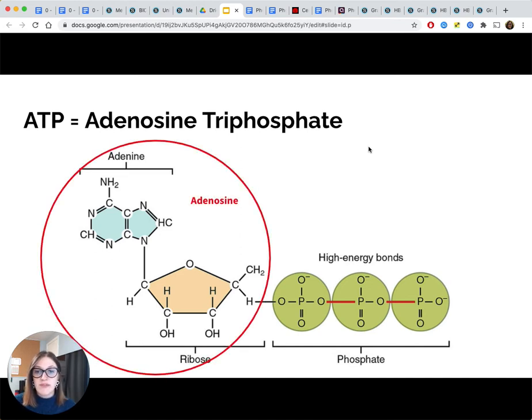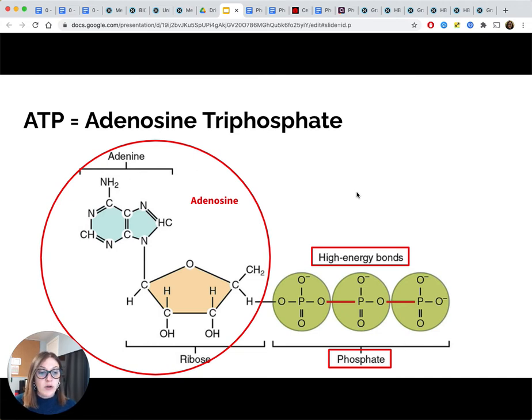Adenosine refers to the adenine group, which is a nitrogen base, and you can tell that it's a nitrogen base because there's lots of nitrogen in it. And the ribose part is the 5-carbon sugar. You've got 1, 2, 3, 4, 5. The TP indicates the 3 phosphates, triphosphate, and these 3 phosphates carry energy within the bonds between them.